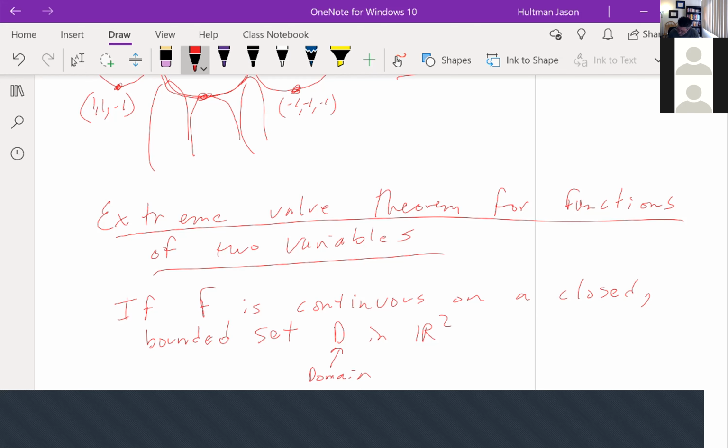Why is it the domain in R2? Well, if you have a surface in R3, what is your projection onto the XY plane? It's going to have some sort of projection onto the XY plane, and that's going to be your D, or your domain in R2.